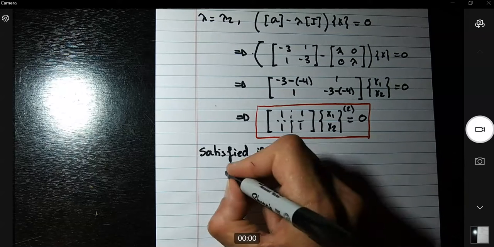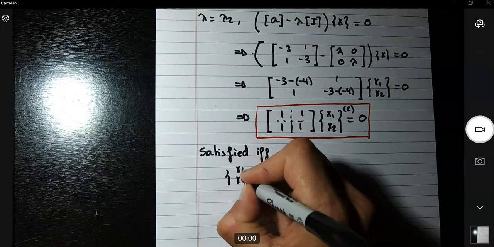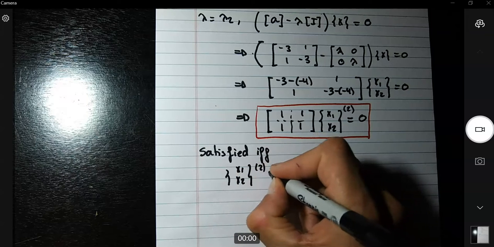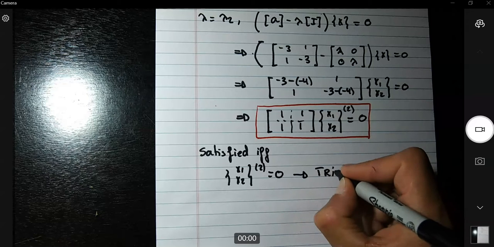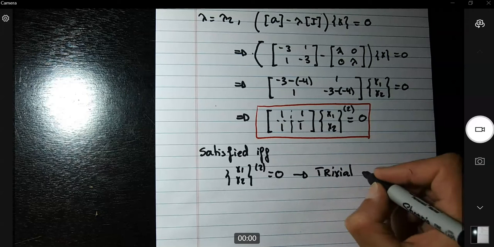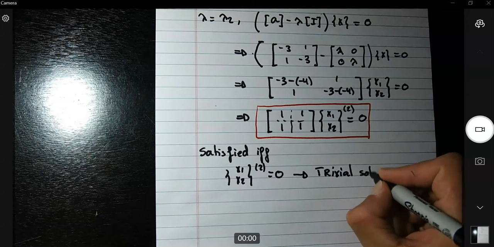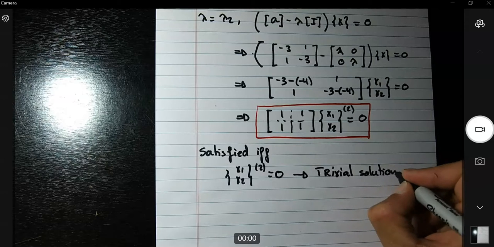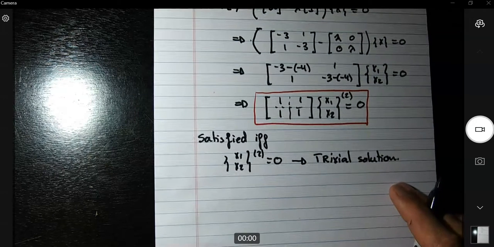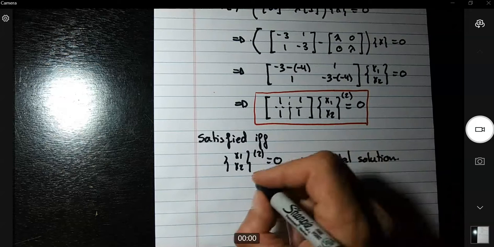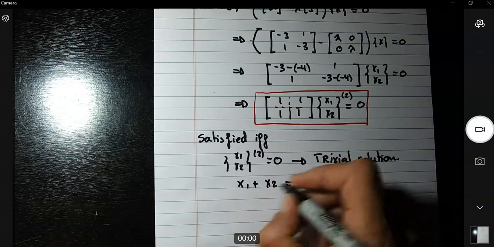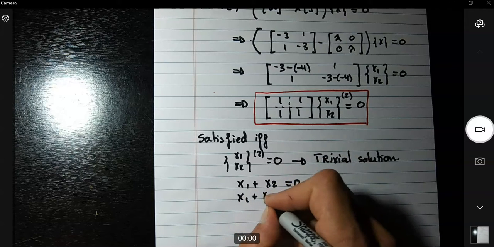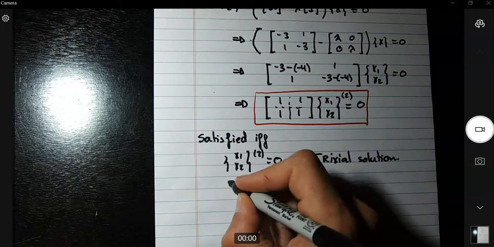We have the first case, x1, x2 of 2 equal to 0, which we know is a trivial solution, which is not of interest to us. The other one is that here you can have the system x1 plus x2 equal to 0, x1 plus x2 equal to 0.